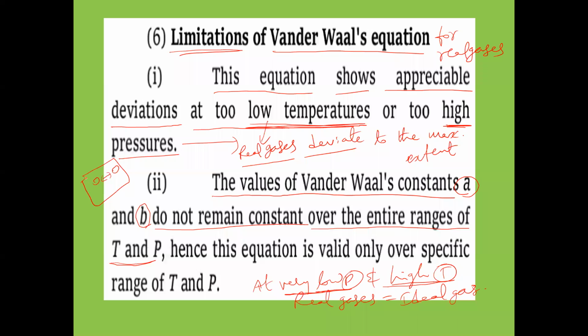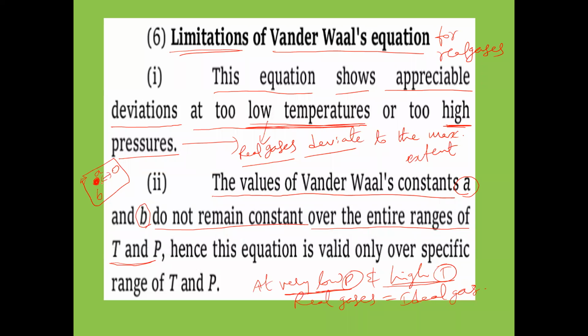This attractive force between gas molecules is measured by A. And the size or volume of the gas molecule is shown by B. The value of B indicates the size of the gas molecule.